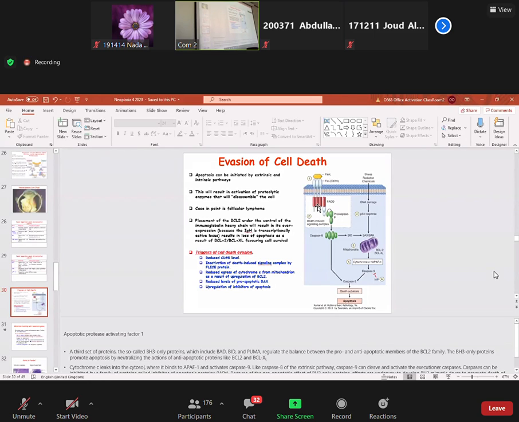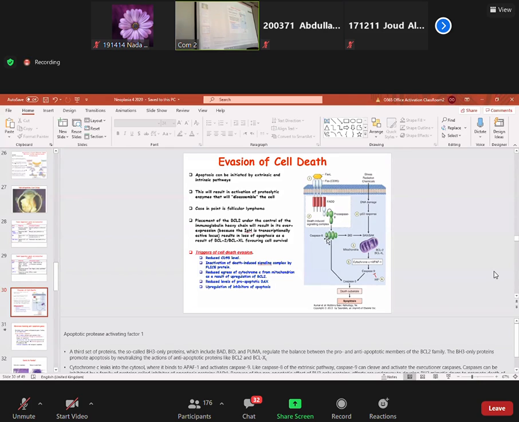So now the FADD, the trimeric domains of the death receptor, and the procaspase 8 is what you call the DISC, the death-inducing signaling complex. This DISC is going to act on cleaving the procaspase 8, resulting in the formation of caspase 8.